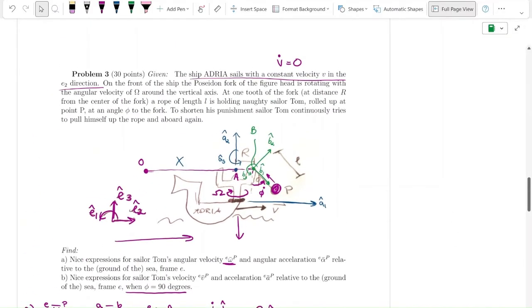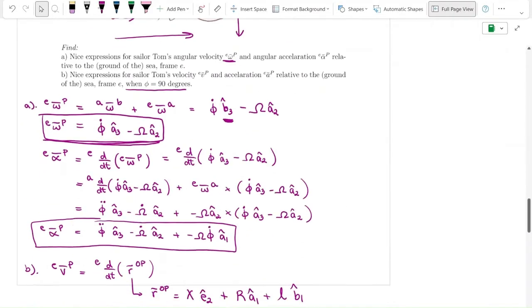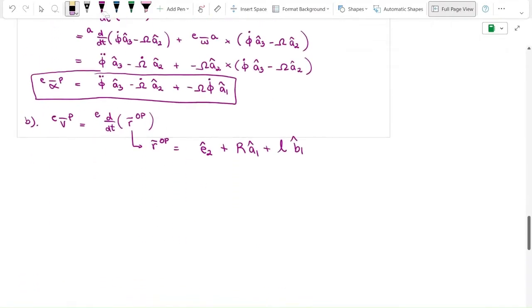Now, what is X? The ship is going with constant velocity in the E2 hat direction, so X is just equal to velocity times time. So I'm going to replace this X with Vt.